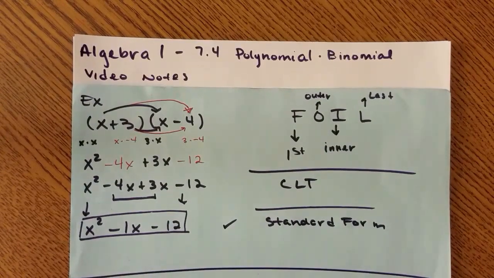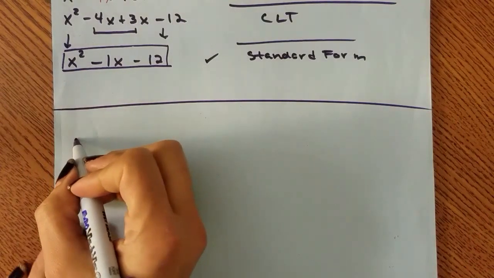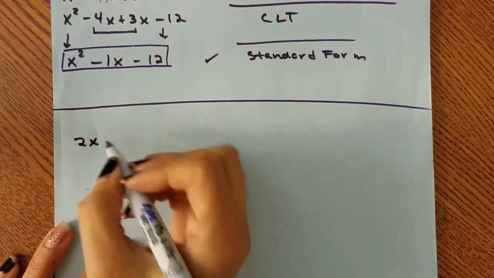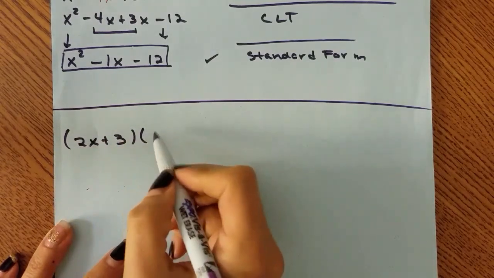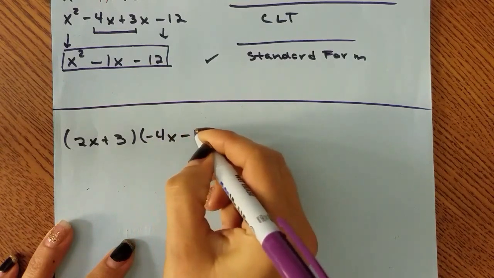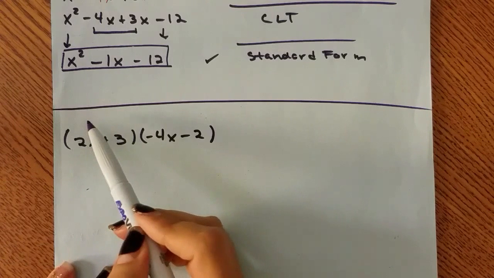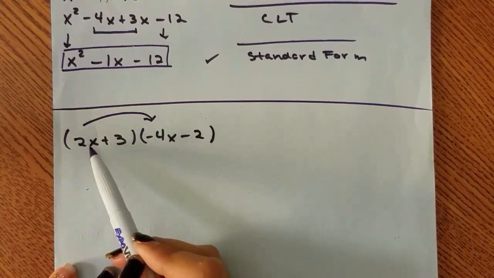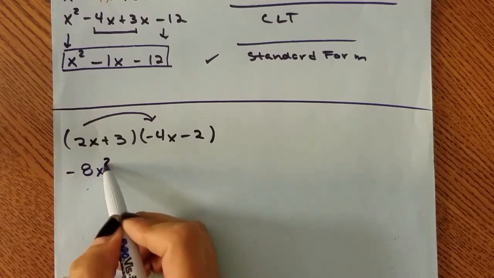If we do another example, say we have 2x plus 3 times negative 4x minus 2. The same thing, we're going to FOIL. We're going to multiply our first terms, so 2x times negative 4x is negative 8x squared.